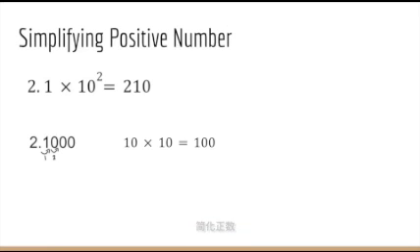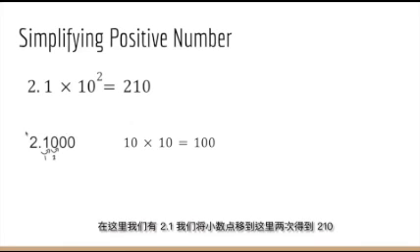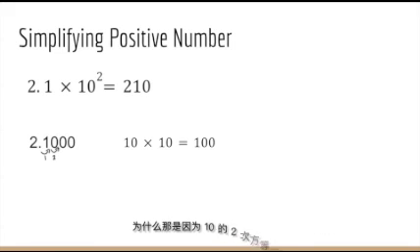Simplifying positive numbers. 2.1 multiplied by 10 to the power of 2 equals 210. Over here, we have 2.1, and we move the decimal twice to get 210. Why is that?